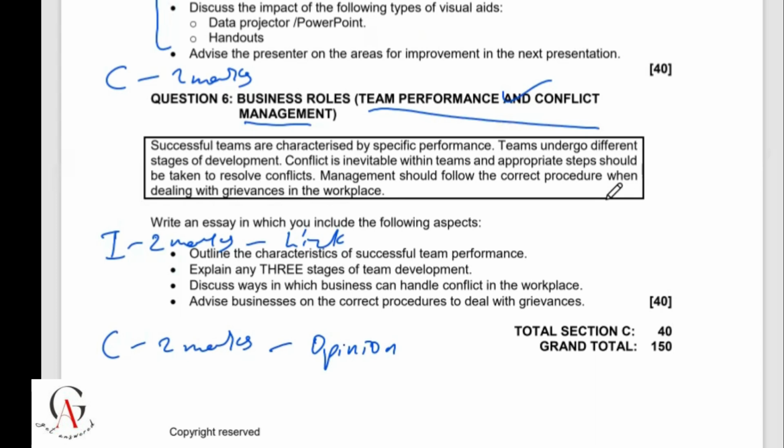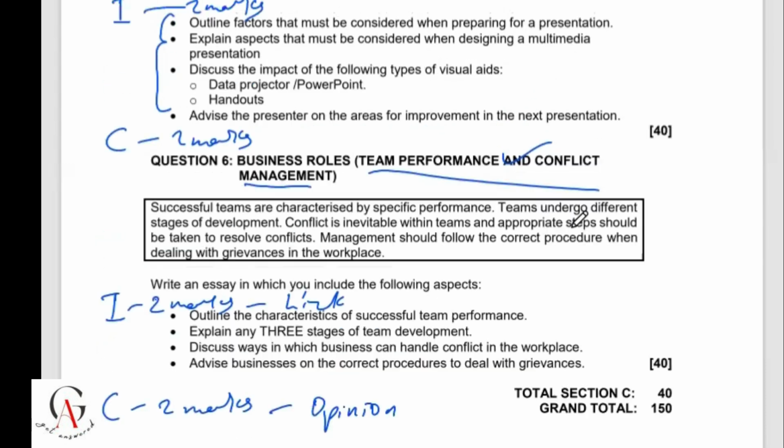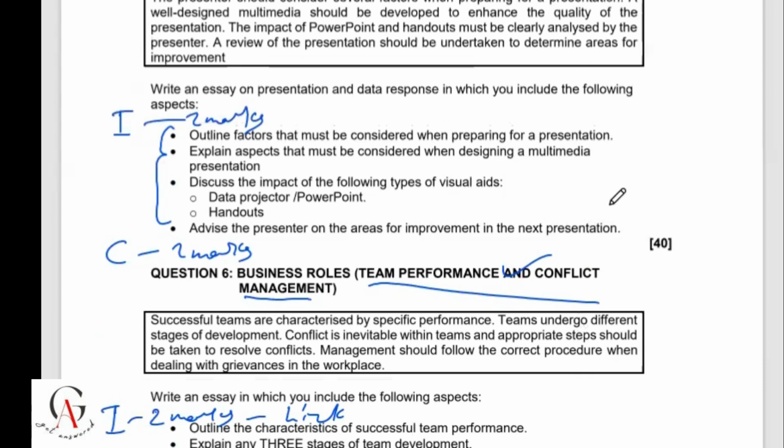Okay, right. So now let's check our question 5 under this paper. It is in line with presentation, and of all the essays, presentation is one of the essays that is very easy to manage or very easy to complete.